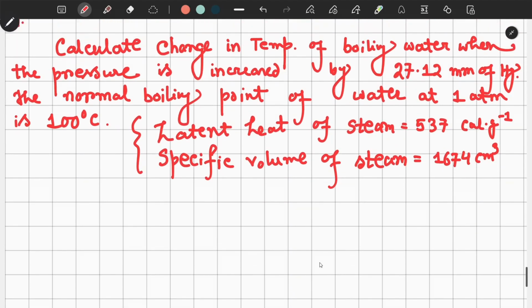Okay, so this is directly an equation-based question. Just do it, then I will check.